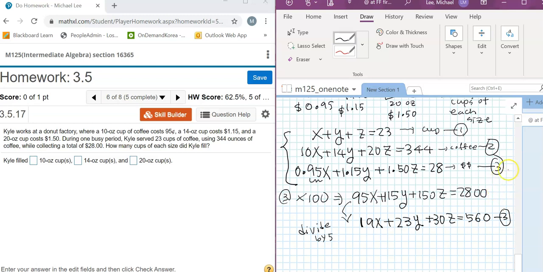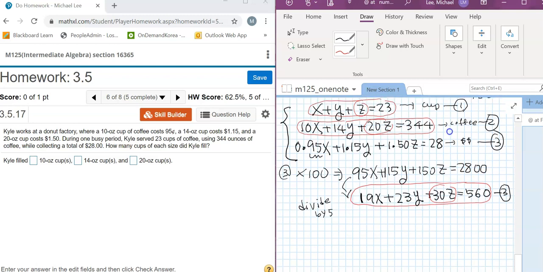So now I'm looking at, okay, this is first equation. That is second equation. That is third equation. So I'm going to cancel z, because this is z, this is 1z, 20z, 30z.